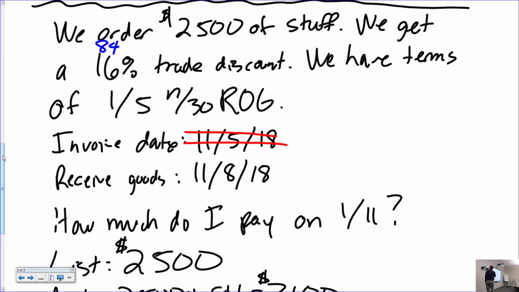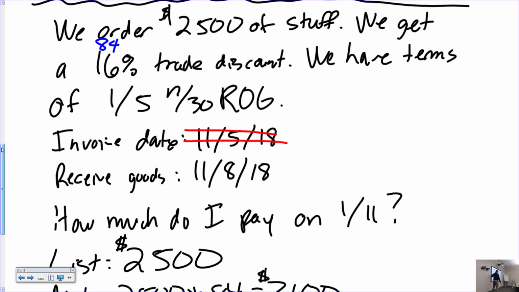In this case, the 5 days is within 5 days of receiving the goods. So yes, you get your 1%. We don't need the invoice date, because it's ROG.